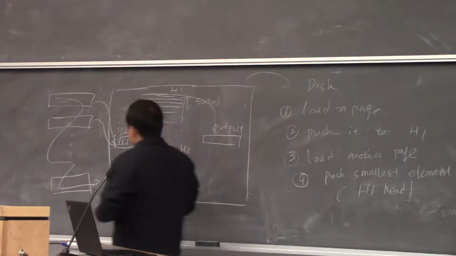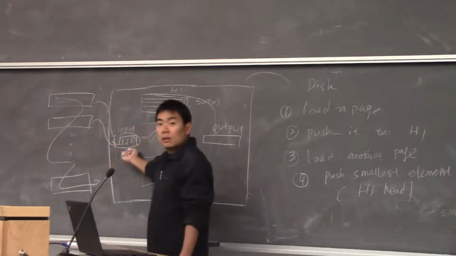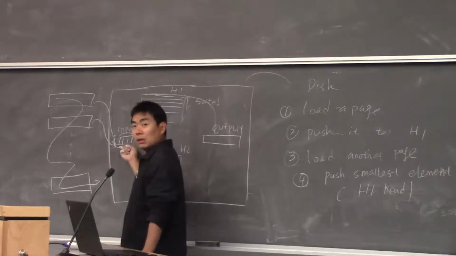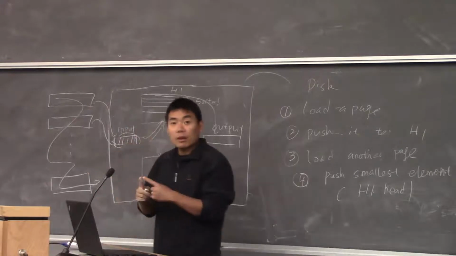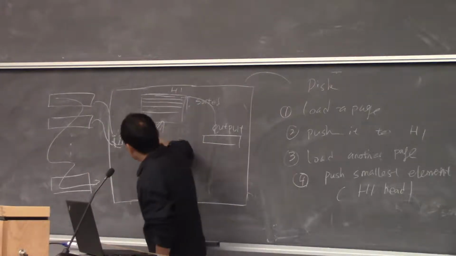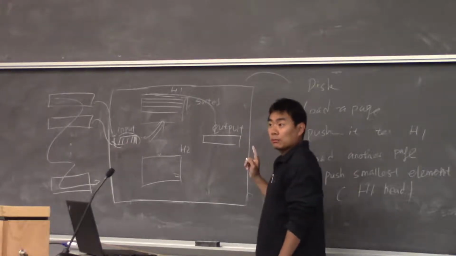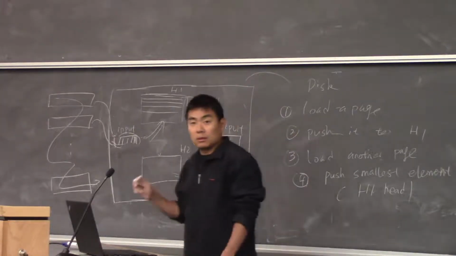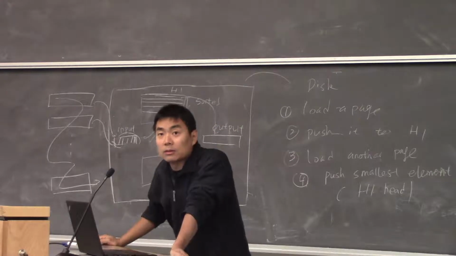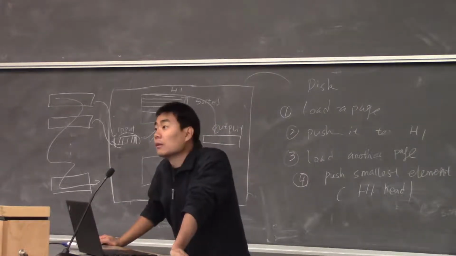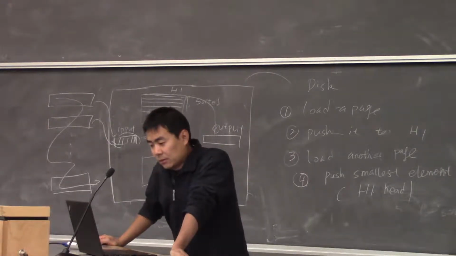Now suppose you store this element here in the input buffer. Then you compare the smallest element here versus the last element you pushed to the output. Well, it says in the slide, do you do the comparison before you actually push it to the output?